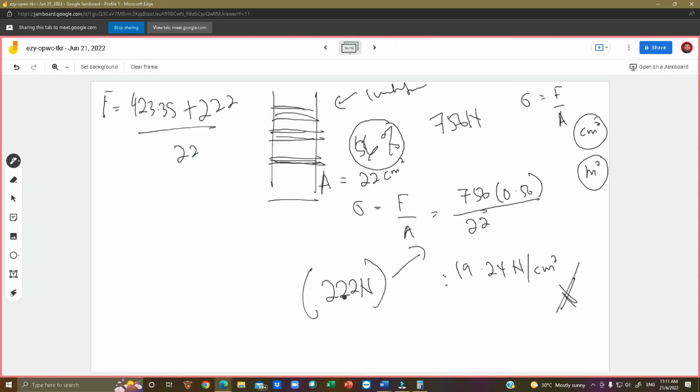Dapat jawapan ni barulah bagikan. Dapat? 29.3. Dapat. Okay.